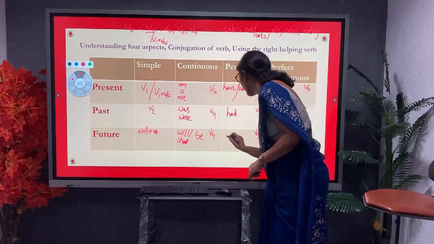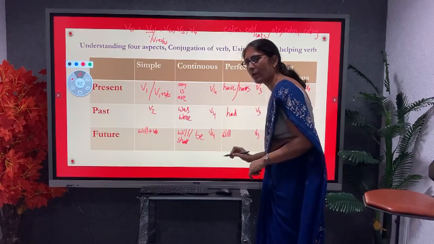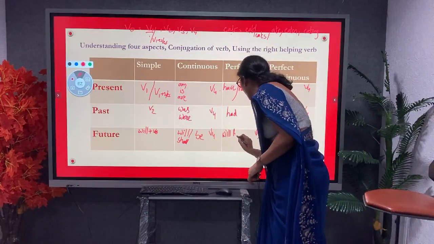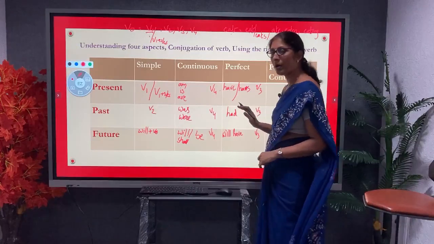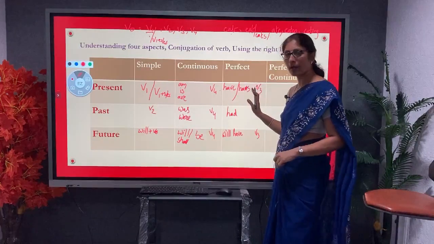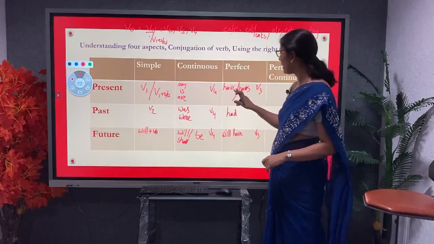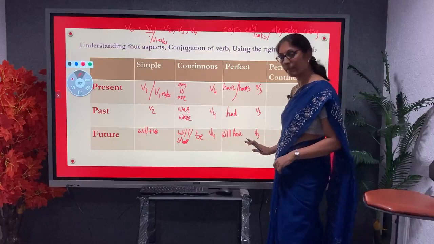For future perfect, future means will, and as it is perfect we take have. So the common helping verb in the perfect tense is have, has or had. For present, have or has; for past perfect, had; and for future perfect, will have.